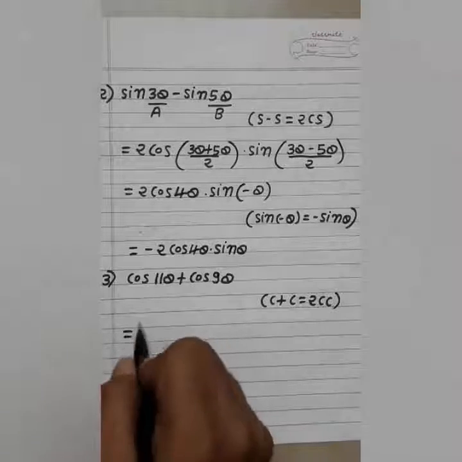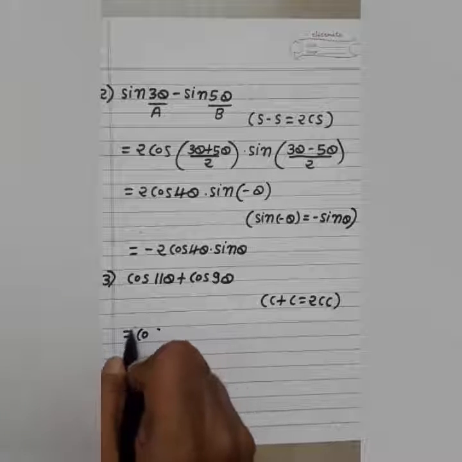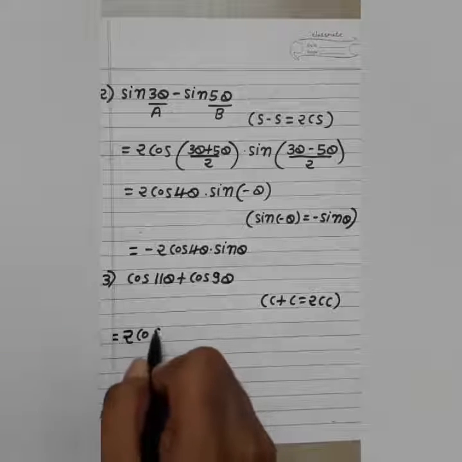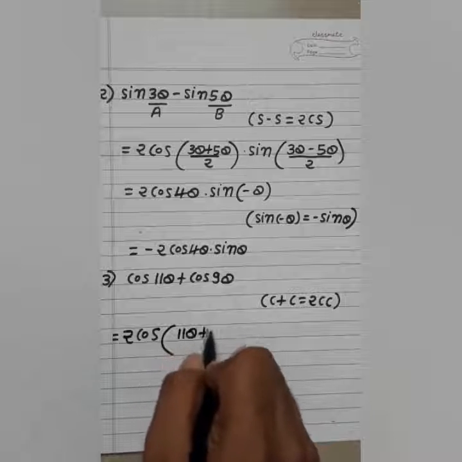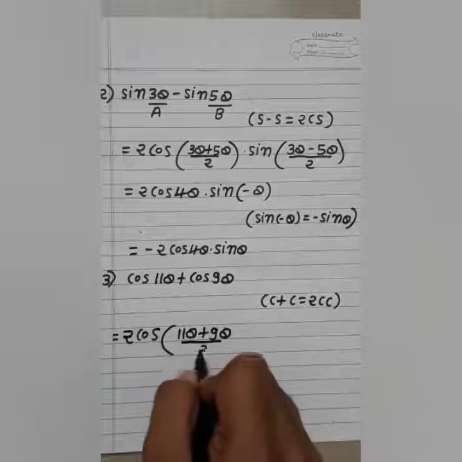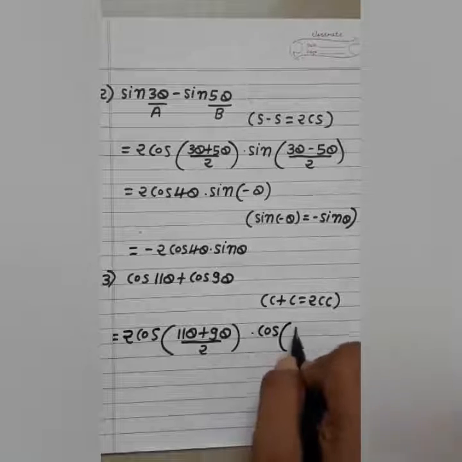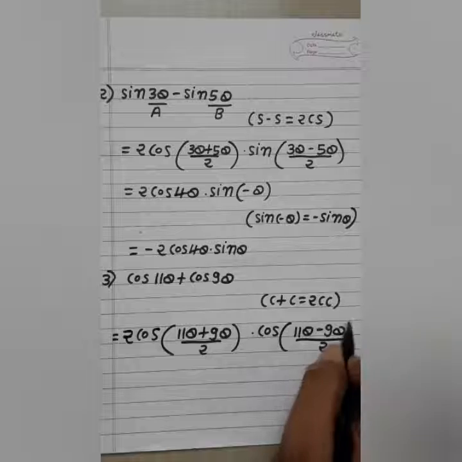So it is equal to 2 into cos into bracket (11 theta plus 9 theta) divided by 2 into cos into bracket (11 theta minus 9 theta) divided by 2.